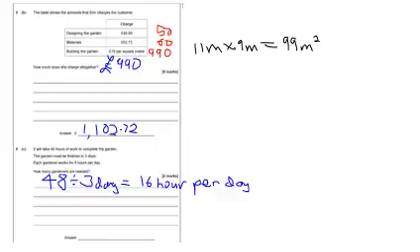If you think about it, over 3 days, they've got to work 16 hours per day. This is why I keep saying to you, write about your units. So how can someone work 16 hours per day? Well, one person, if it was yourself, you could work 16 hours per day and have 8 hours sleep and no time for breaks and eating. But it says 8 hours per day.